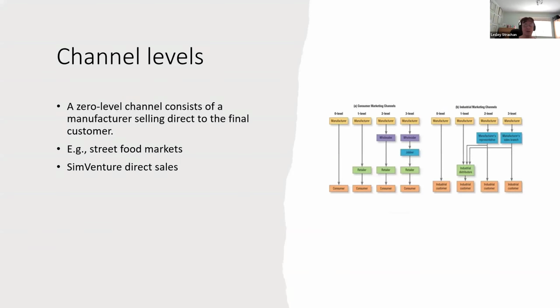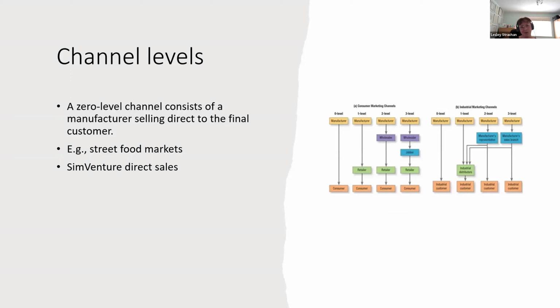The first point of call on that diagram is the left-hand box, and a 0-level channel consists of a manufacturer, aka Green Spokes, or whatever your company is named now, selling direct to the final customer.